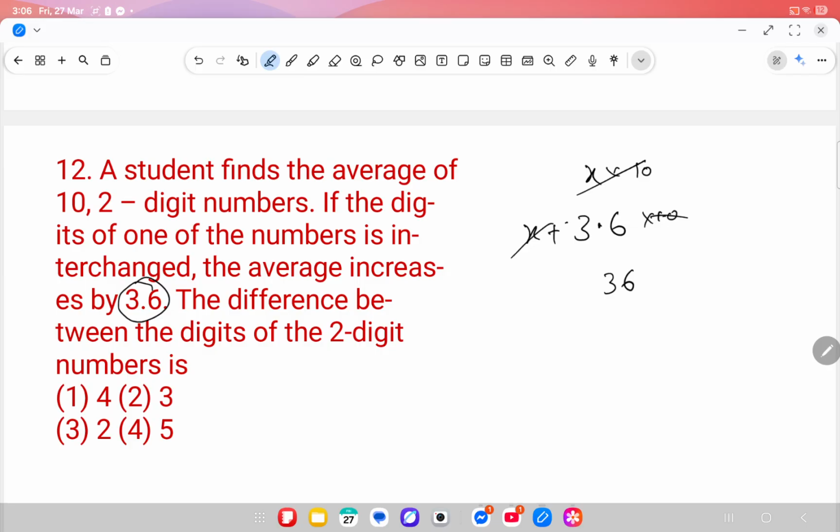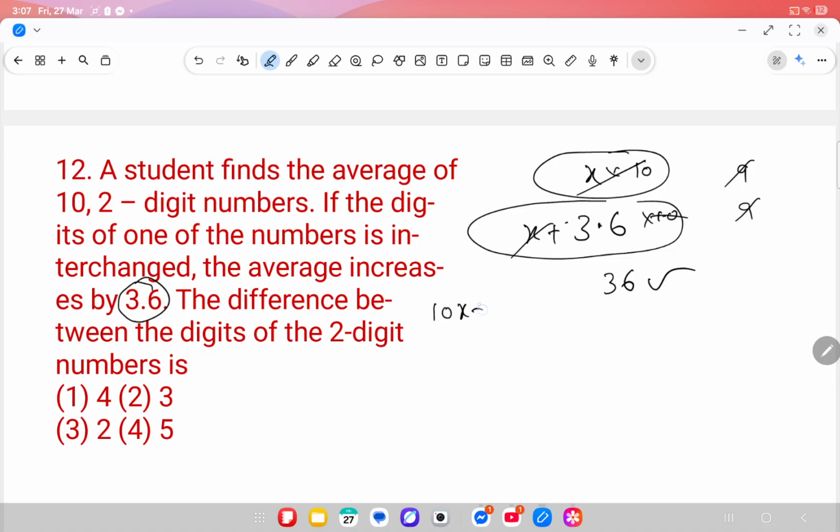Now see, this is the sum of 10 numbers here and sum of 10 numbers here. If one number has its digits interchanged, the remaining 9 numbers from here and 9 numbers from here will cancel or not? Yes. Now a two-digit number will be formed, 10x plus y.